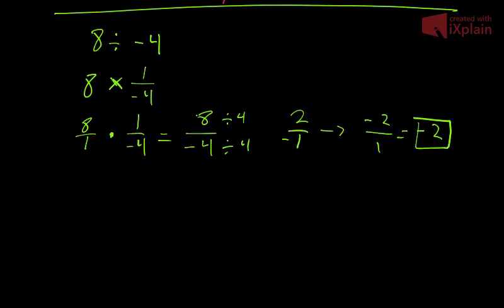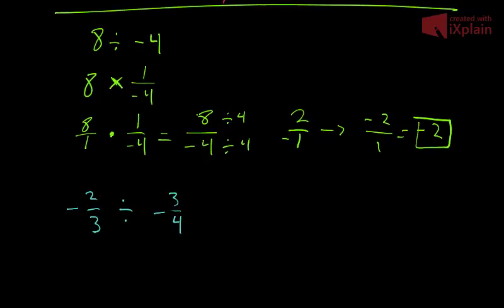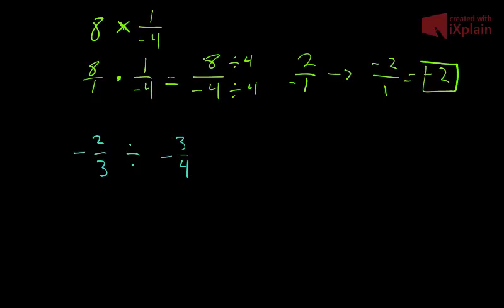And to show you all a little more complicated one before we wrap everything up, what do I get when I have negative 2/3 divided by negative 3/4? So I'm going to start by taking the reciprocal of that second number, and I'm going to end up with negative 4/3.